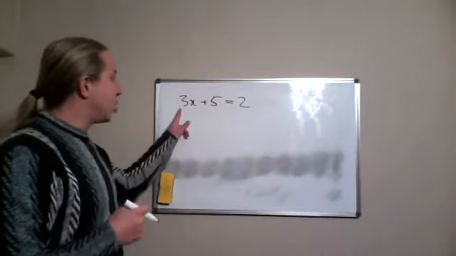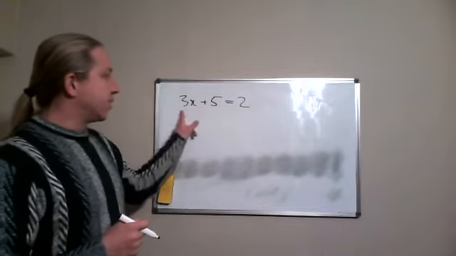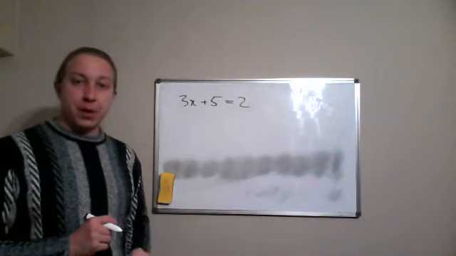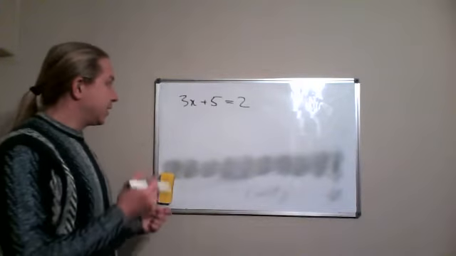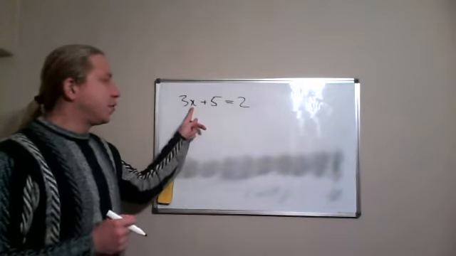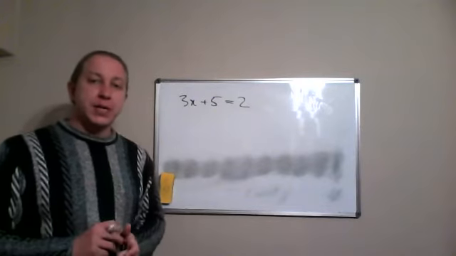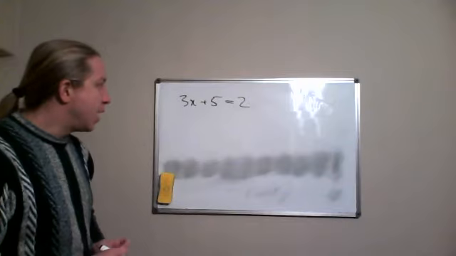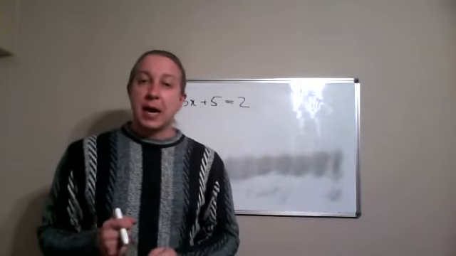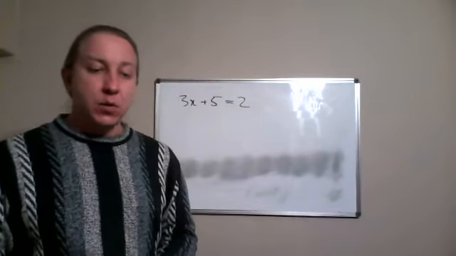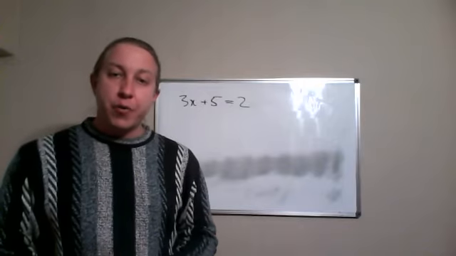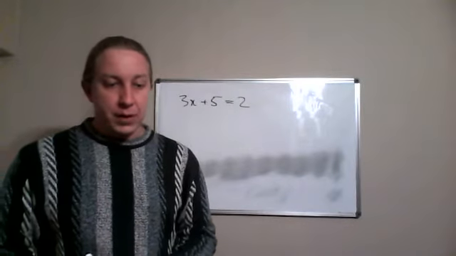Because there's only one value of x that will make this true. So this equation will enable us to find the unknown, and I'll show you how we do that as we move through the section. So again, an algebraic equation has an equal sign. An algebraic expression does not have an equal sign.